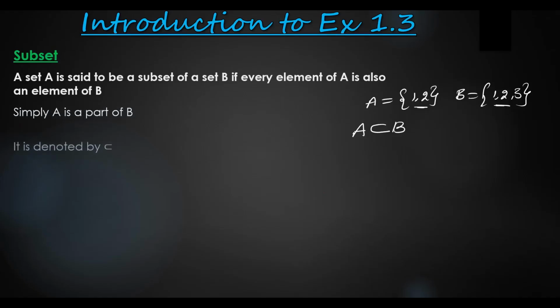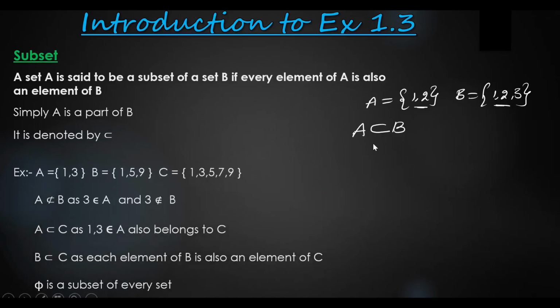The subset of is denoted by this symbol. You can use this symbol for denoting subset of. Let's have one example. In this example, A is the set {1, 3}, B is the set {1, 5, 9}, and C is the set {1, 3, 5, 7, 9}.